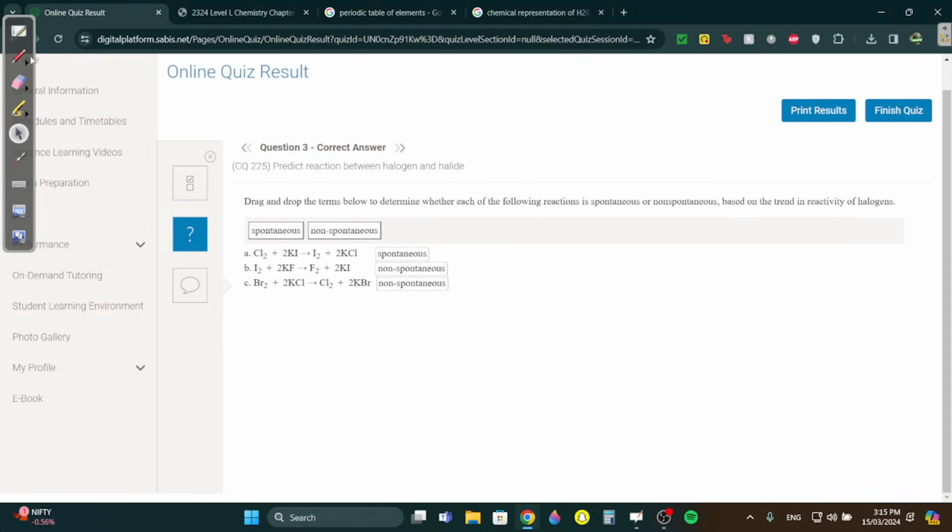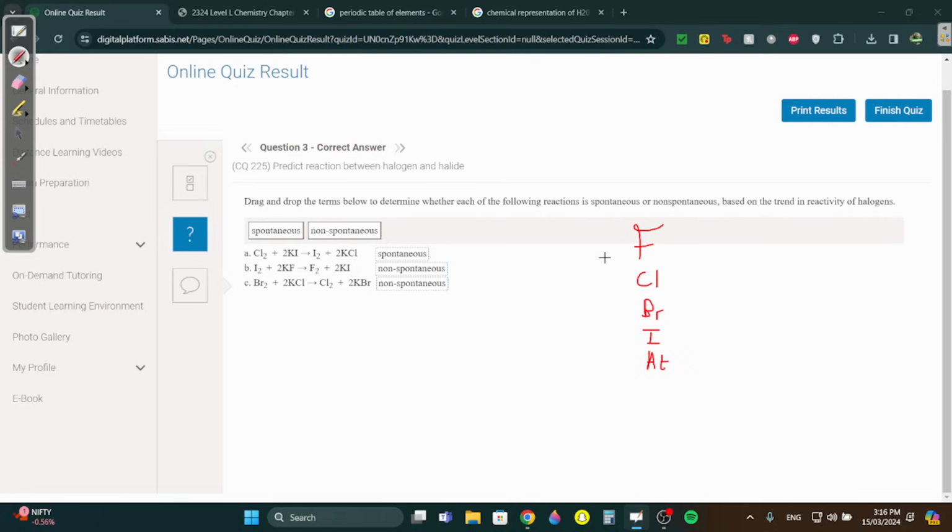Question 3, spontaneous, non-spontaneous. Okay, look. The halogens, the spontaneous reaction, I explained this in one of the AMS quizzes. I forgot, I think week 9. F, Cl, Br, I, and then you have astatine here.